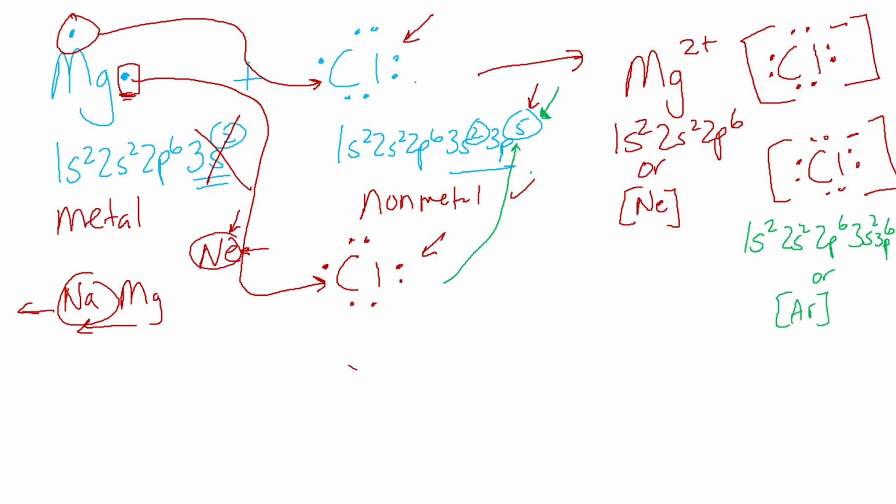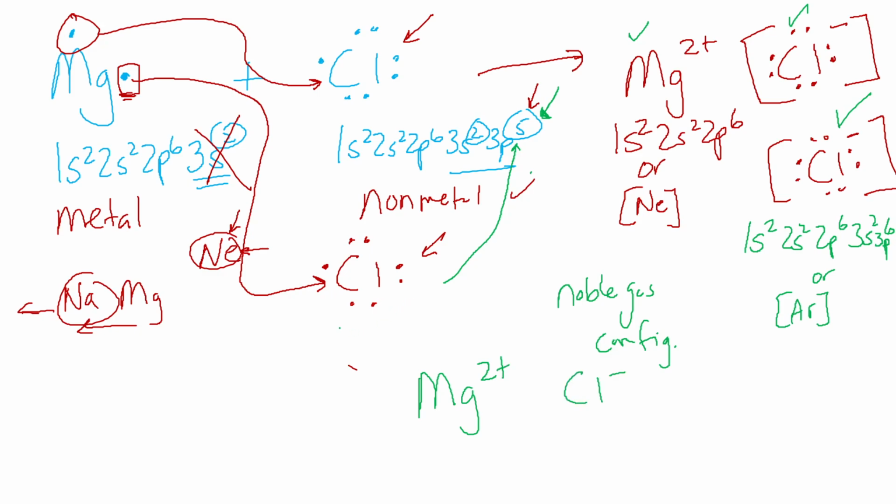So all three of these things, the magnesium, this chloride ion, and this chloride ion, all achieved noble gas configuration. Again, very, very stable configuration. Truly the purpose of bonding. That is also, by the way, when you maybe have learned, when you take a positive ion and a negative ion and you put them together to write the formula for an ionic compound, the overall charge has to equal 0.